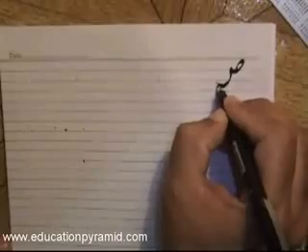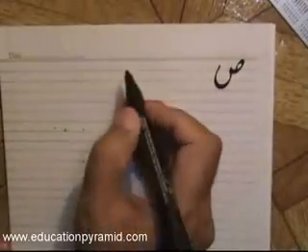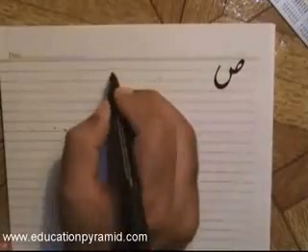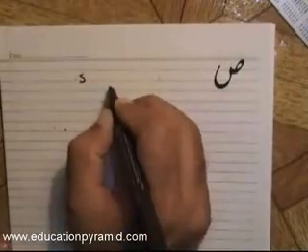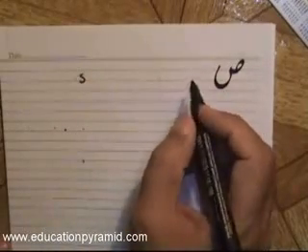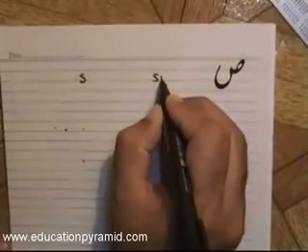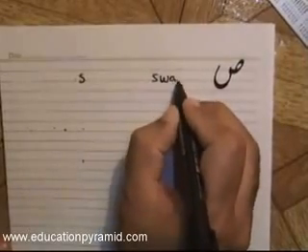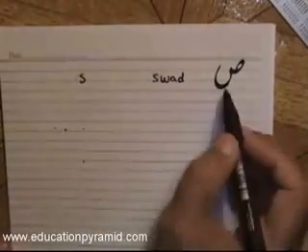Now we move to another group. We call it sawat. This is sawat, and the sound is from S, like S W A D, sawat.